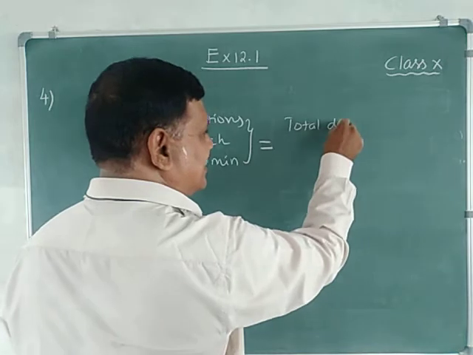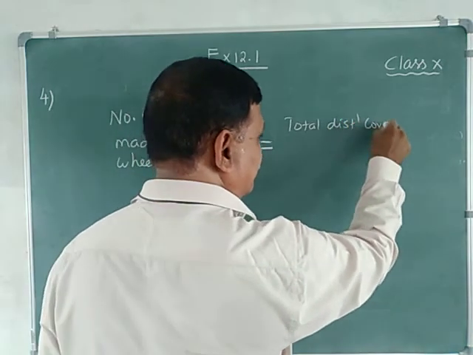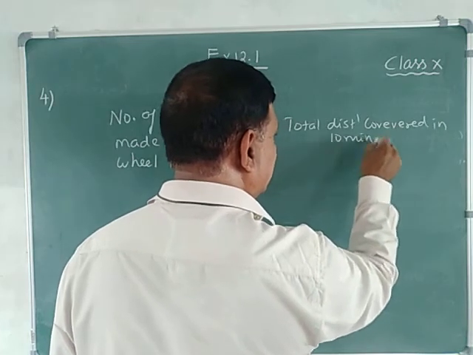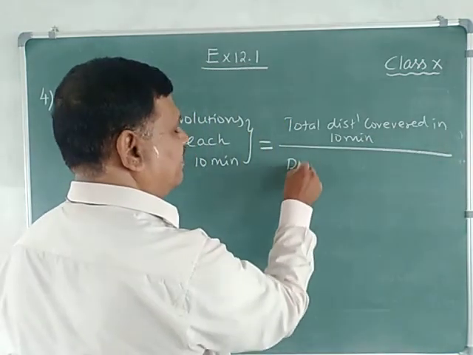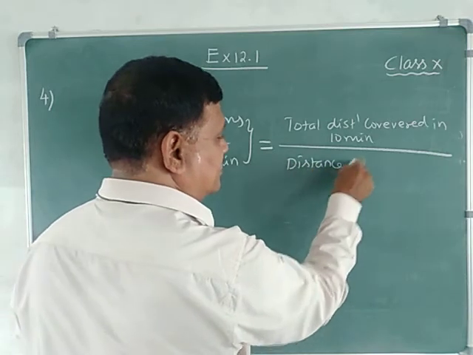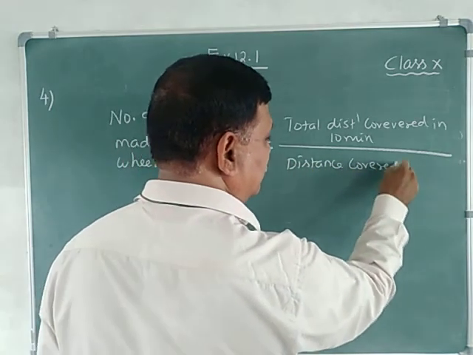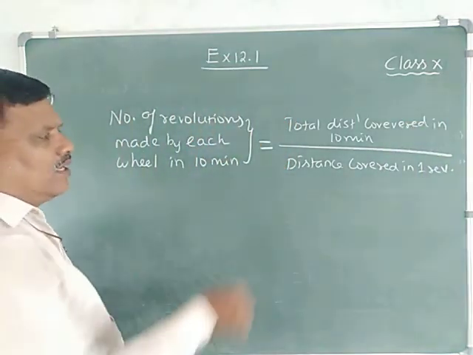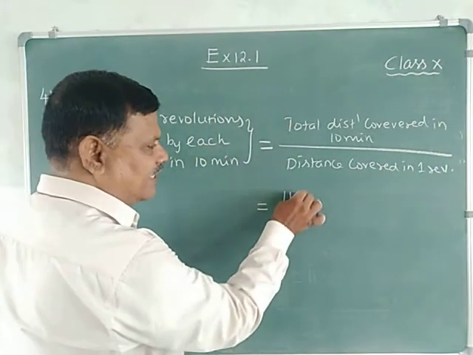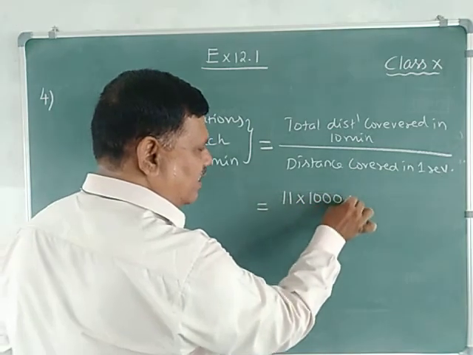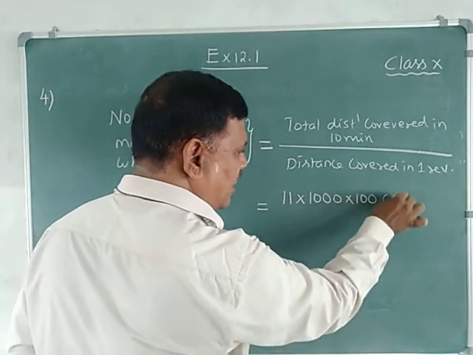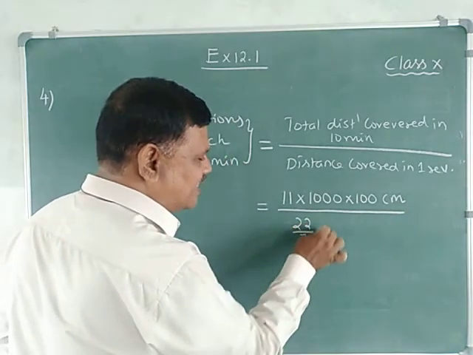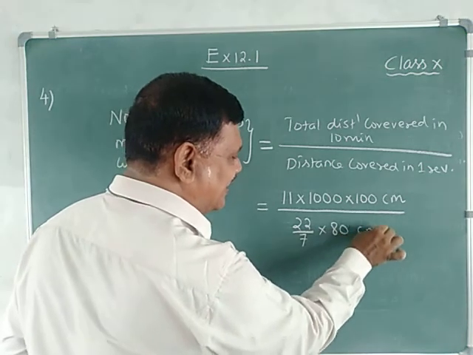Total distance covered in 10 minutes by distance covered in 1 revolution. Isn't it? Now the total distance covered in 10 minutes is equal to 11 into 1000 into 100 centimeter by 22 by 7 into 80 centimeter.